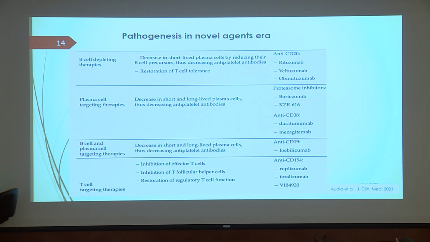B cell and plasma cell targeting therapy decrease the short and long-lived plasma cells the same way. And T cell targeting therapy like anti-CD154 and many other molecules aim to restore the function of Treg cells. So actually, it was the first part of my lecture.